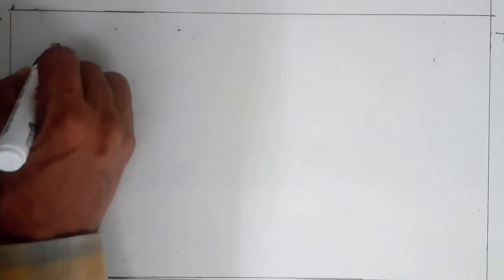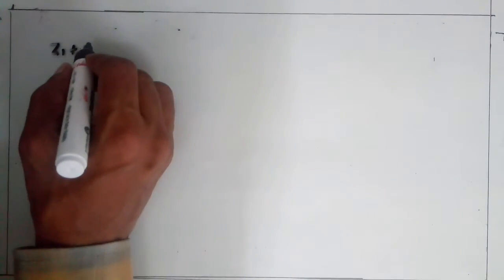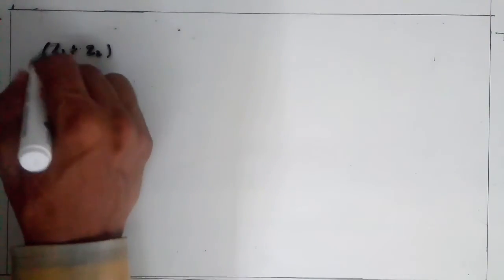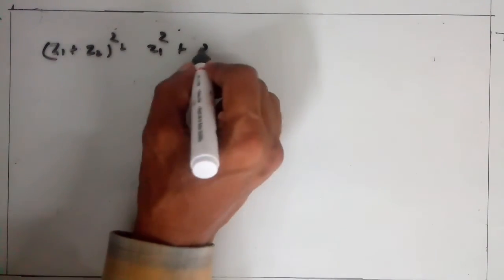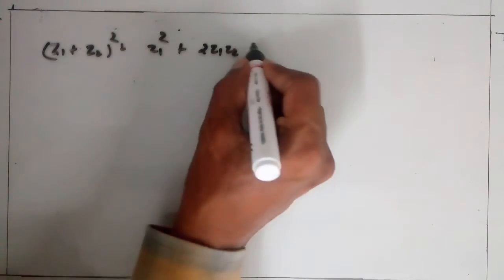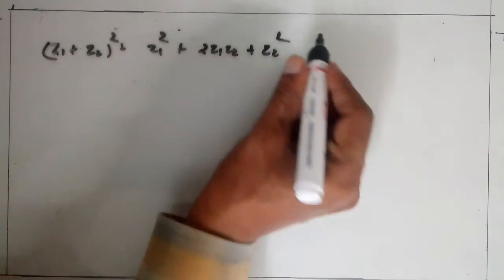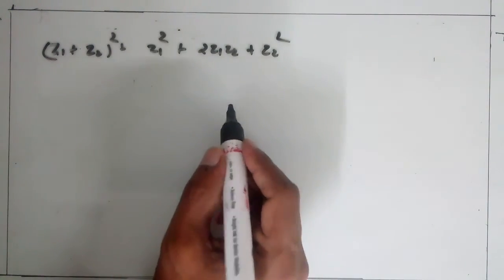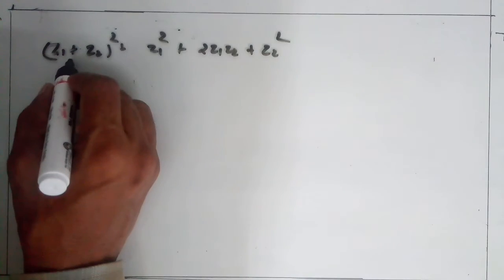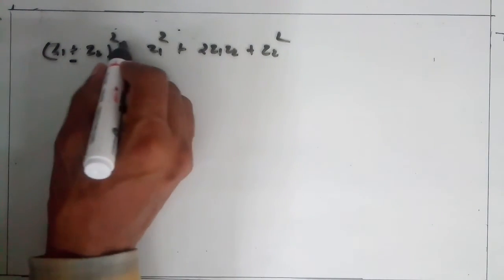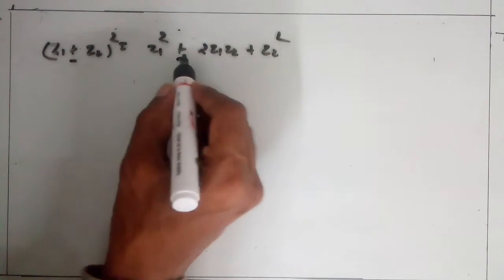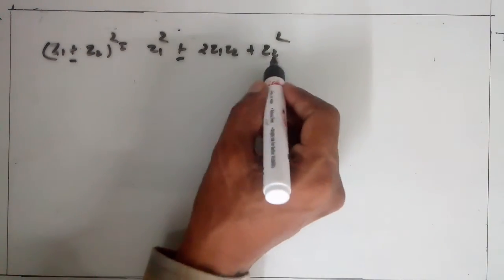Now remember some identities. We know that already (z1 + z2)^2 is equal to z1^2 + 2 z1 z2 + z2^2. Clear? Similarly, with the minus sign, (z1 − z2)^2 is equal to z1^2 − 2 z1 z2 + z2^2.